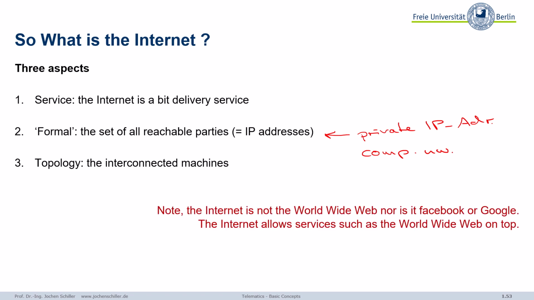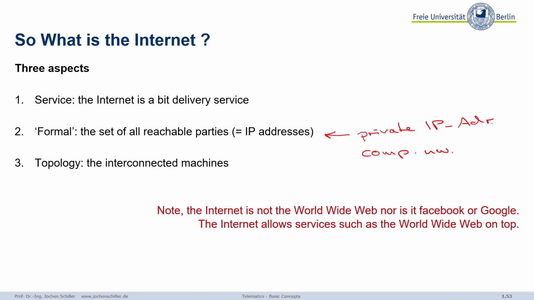Okay, but please be aware, the internet is definitely not the World Wide Web or Facebook or Google, whatever. These are services on top of what we discuss as the internet. So the internet is the basic underlying huge structure. And on top of that, we can have many, many different services, applications.